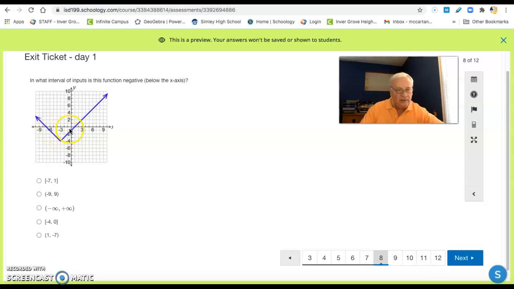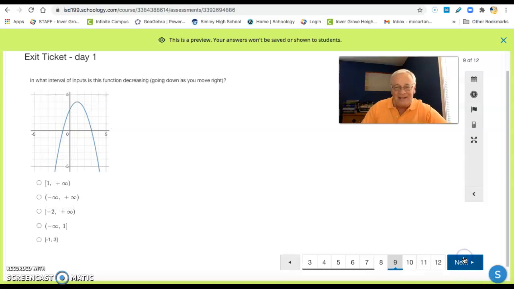But when we're asking for the interval where it's negative, we're looking for the x part. So this goes to -7, and it includes -7. And come up here to +1. All right, I think you see the answer. All right, next.